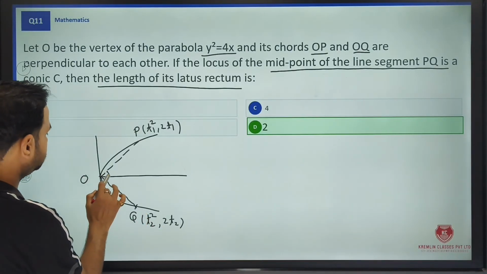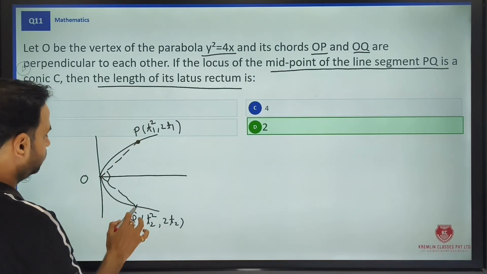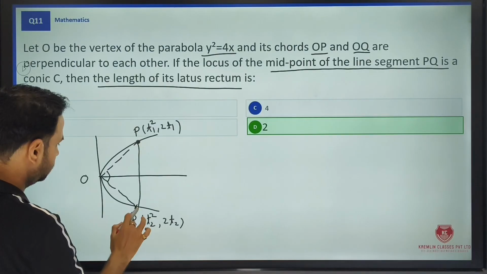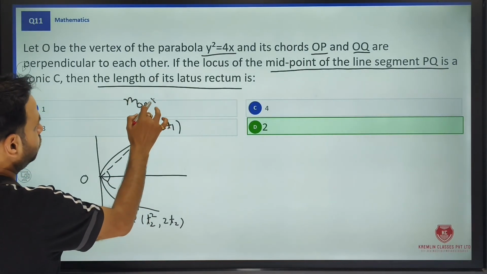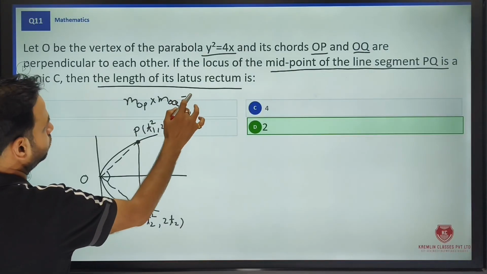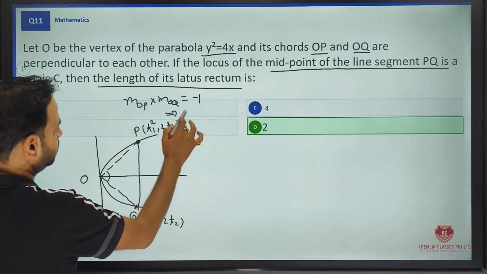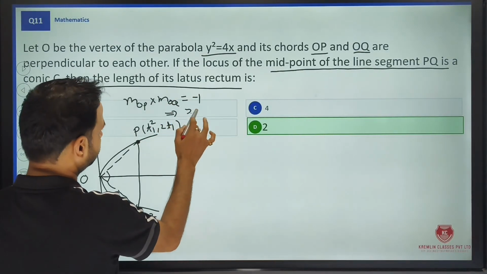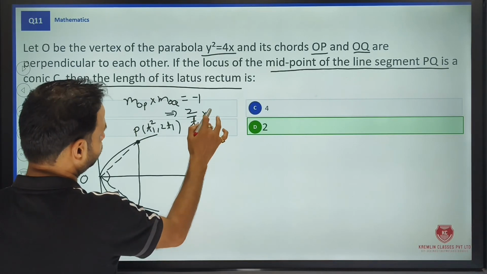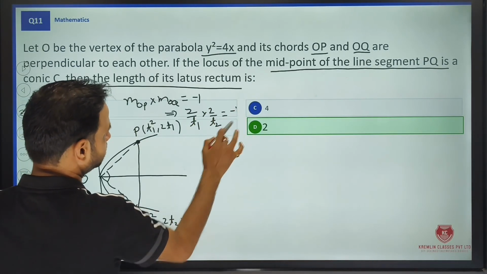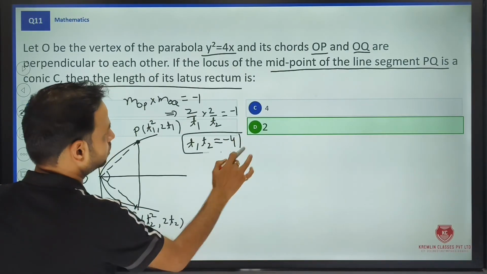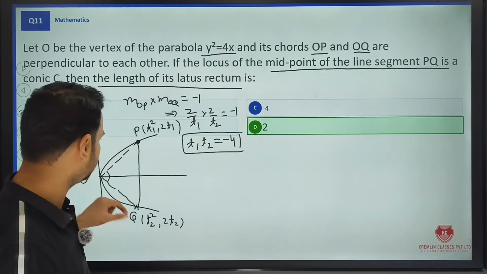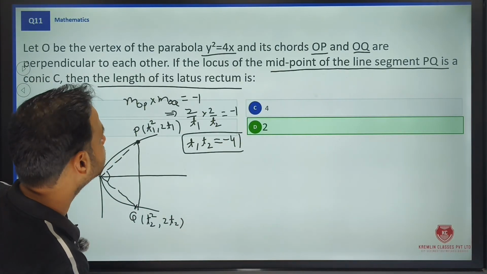This is O. This is perpendicular, means the slope of OP into the slope of OQ will give you -1, and by putting it, 2 by t1 times 2 by t2 is -1, means t1 t2 will be given by -4. Is it okay? So we have to find the midpoint.